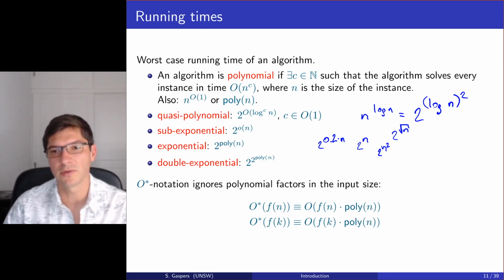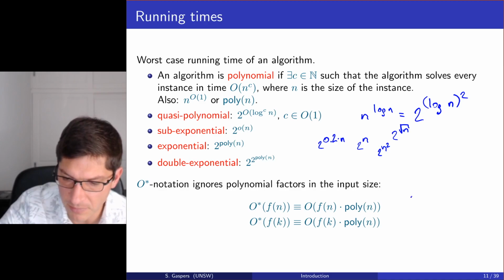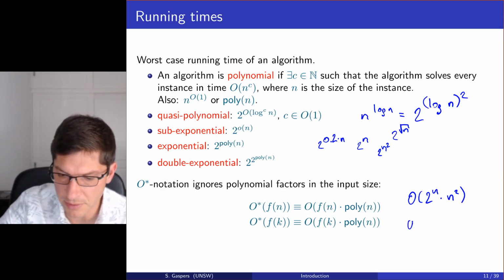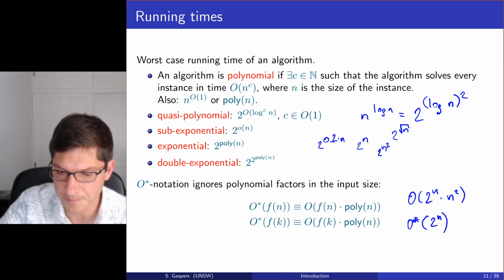So we want to focus on the exponential part of the running time, and there we have this O star notation, which ignores polynomial factors in the input size. So if we have a running time that's order 2 to the n times n squared, we can just use the O star notation to say that this is O star of 2 to the power n.